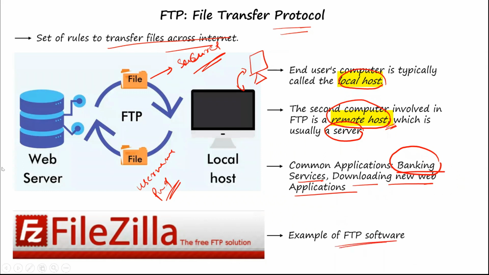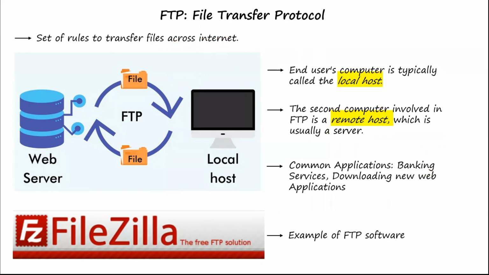So with this, we have completed three of the major internet services out there. What were those? Communication services, information retrieval services, and file transfer protocol. So let's move on to the fourth major one, that is World Wide Web.